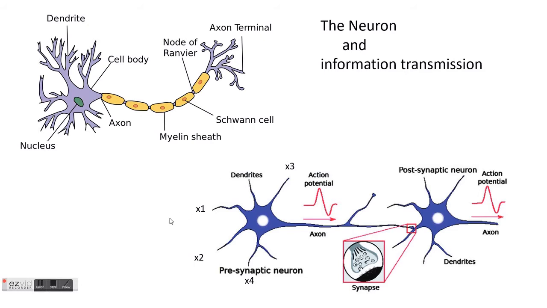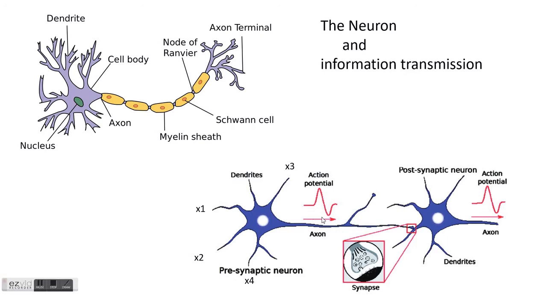So here's a small example of what happens. Assuming we have inputs at the ends of the dendrites, let's say x1, x2, x3, based on these inputs, a potential gradient develops across the length of the axon and causes an action potential to trigger on this neuron.